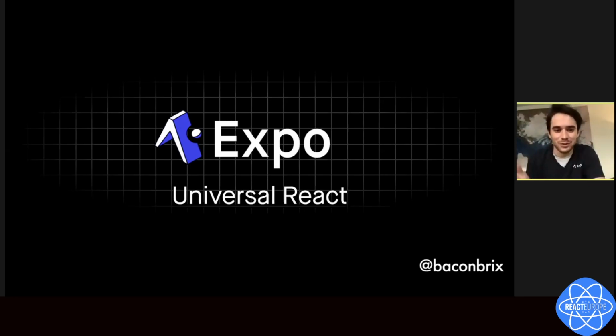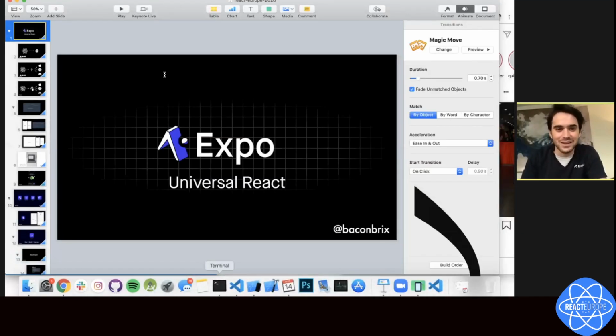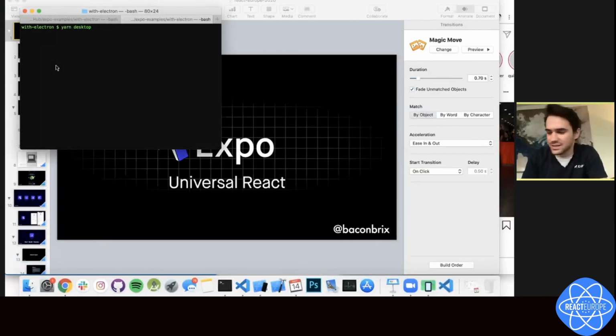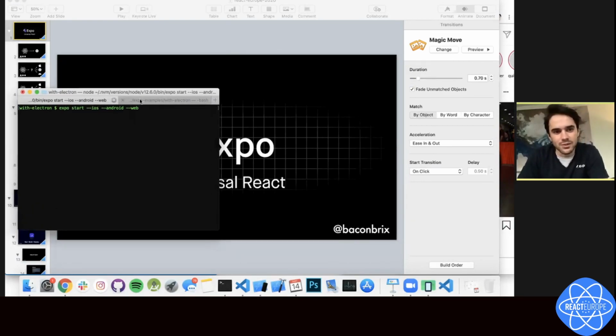Conceptually, this works pretty well, but I think to explain it better, I just like to show it. So what I've got here is a project that I just set up, and I can run Expo start iOS, Android, and web. And then what it's going to do is start up the Metro bundler, which is Facebook's bundler for starting up a React Native project.